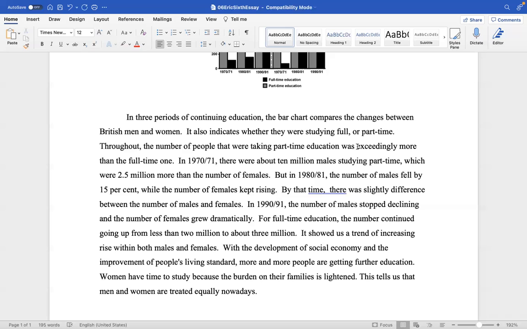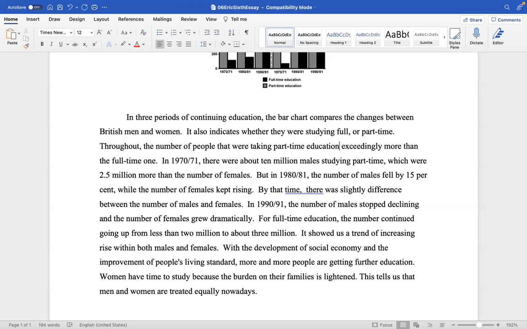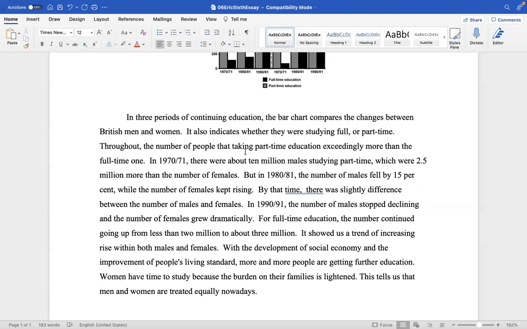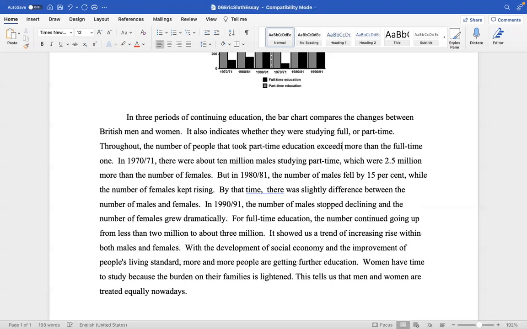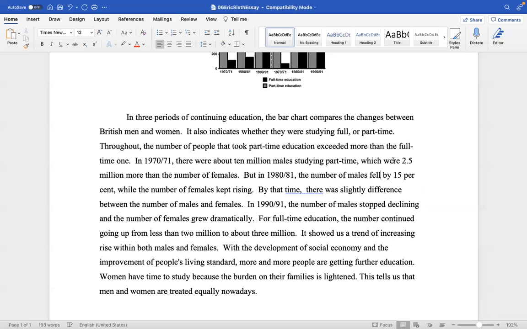Let me give it a go here. So, "throughout, the number of people that took, or were taking, part-time education exceeded more than the full-time ones," right? Okay.